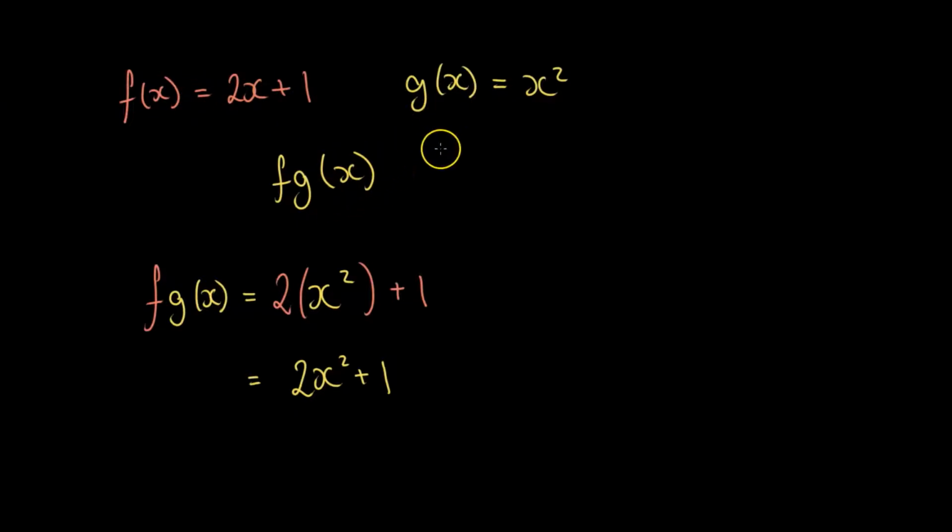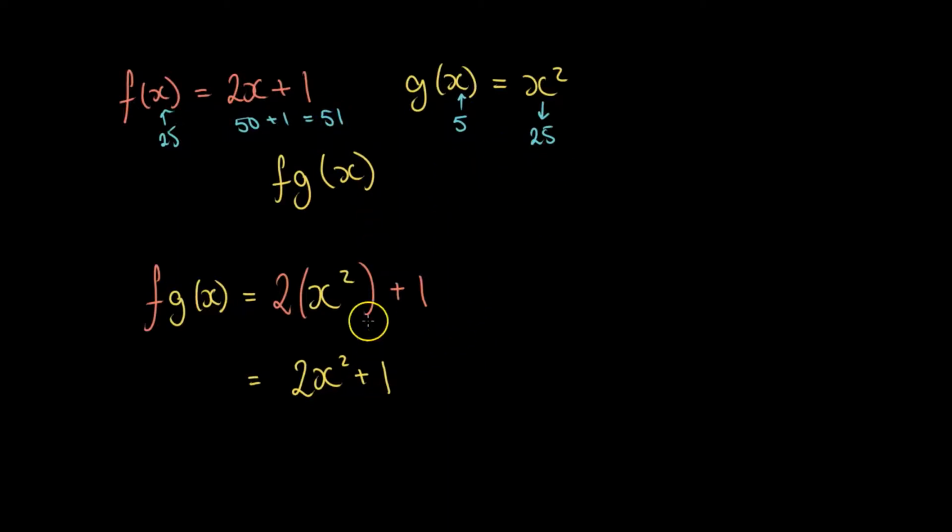So if I use the number 5 again, I can do it step by step. I can first put 5 into my g function, and what I'll get out is 25. I then take 25, put it in here, and I should get out 50 plus 1, which is 51.